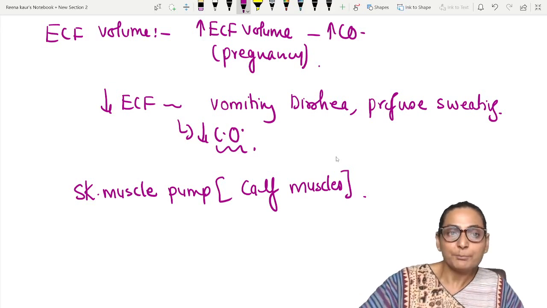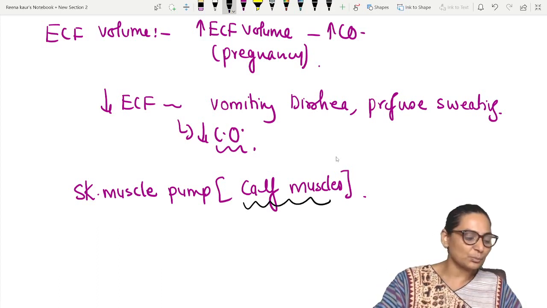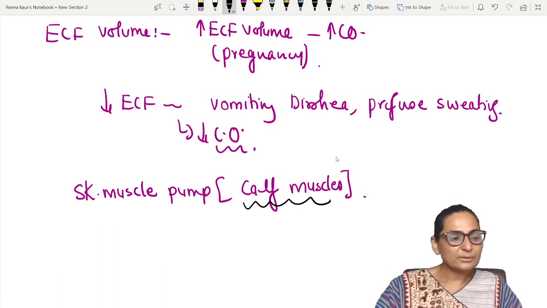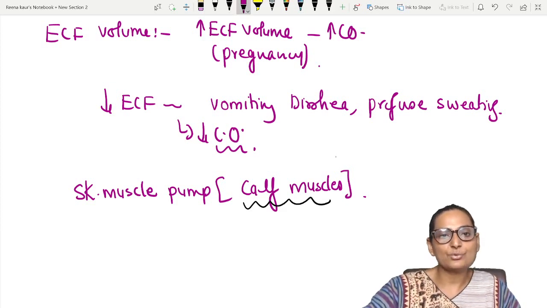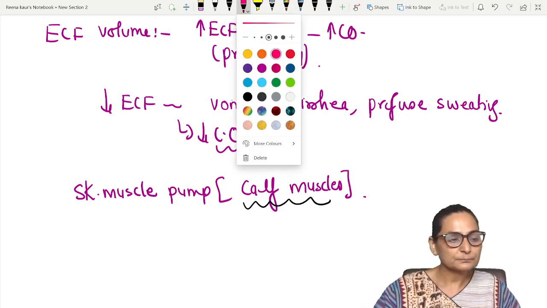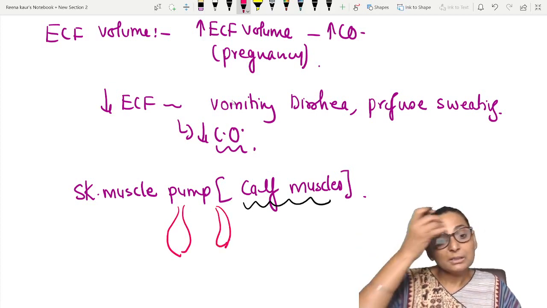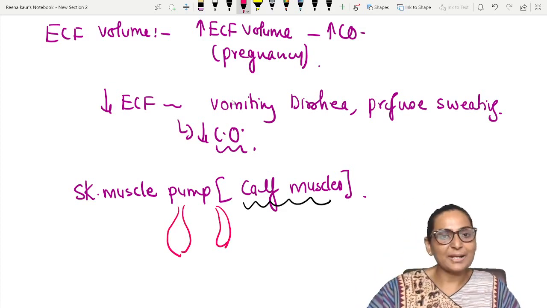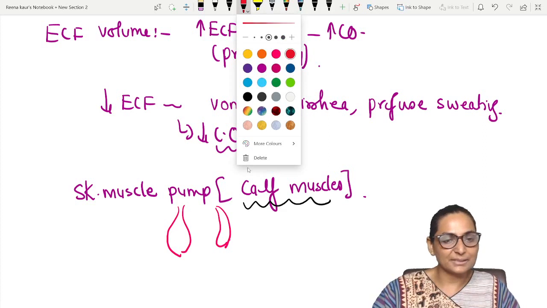But the most important ones for us are the veins in the calf muscles. Suppose this is a muscle, and the muscle will have blood vessels and there will be valves in it.